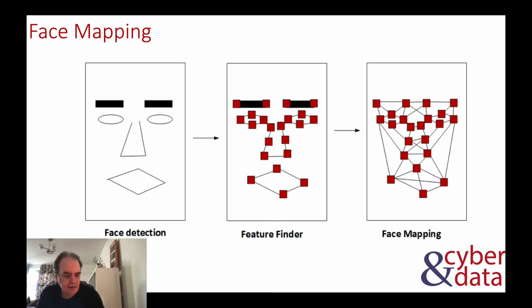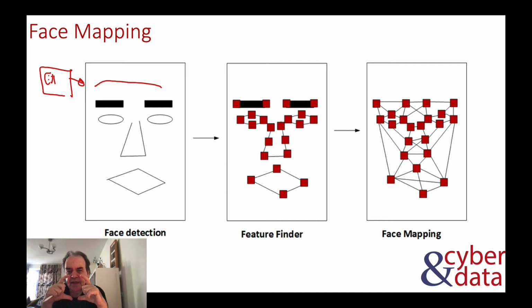Okay, so what happens is that initially for facial recognition, the machine will scan a photograph to detect a face shape. That's typically a rectangular face, and it will be looking for maybe the signs of a brow or eyes or a mouth.